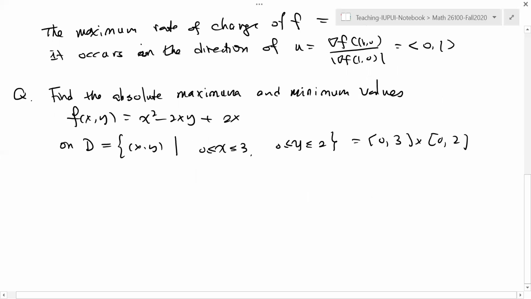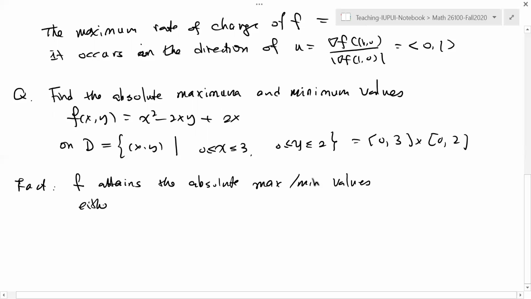And the important fact here is that f attains the absolute maximum value or minimum value either at a critical point inside D or on the boundary.